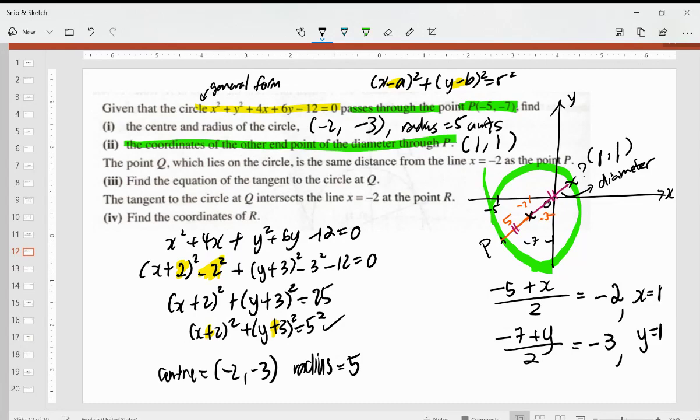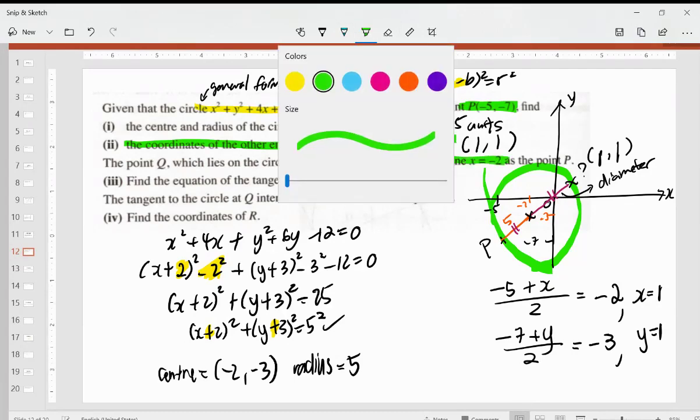Q lies on the circle and it's the same distance from x equals -2 as P. So let's recall what x equals -2 is. It is a straight line.